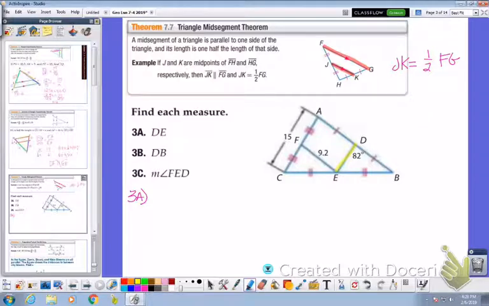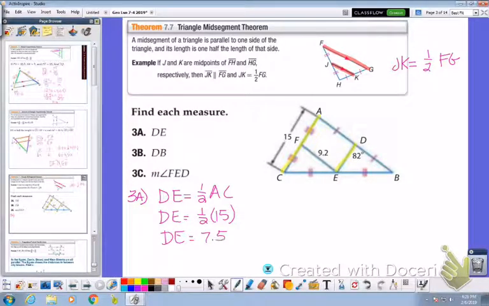What side of the triangle is that parallel to? AC. So if DE is the midsegment, then DE is going to equal 1/2 of AC. Well, what's AC? It's 15. So DE is equal to half of 15, which is 7.5. So it's just half the length.